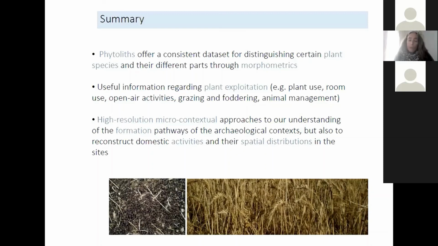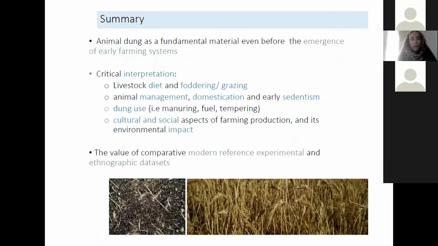The importance also of micro-contextual high resolution studies to better understand the formation, the taphonomy, and the distributions in the sites.